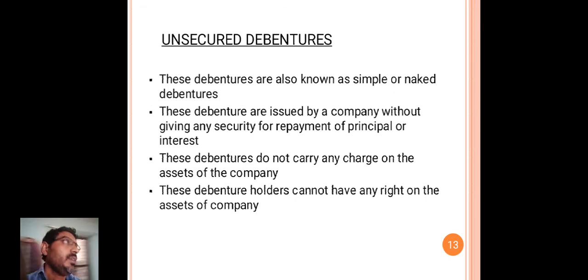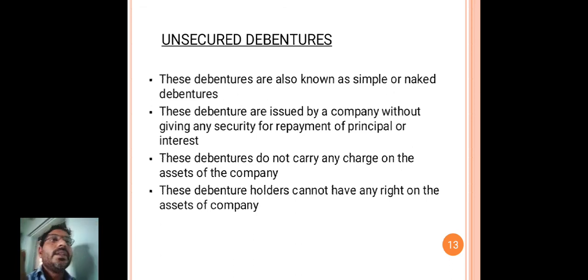These debentures are issued by a company without giving any security for repayment of principal or interest.